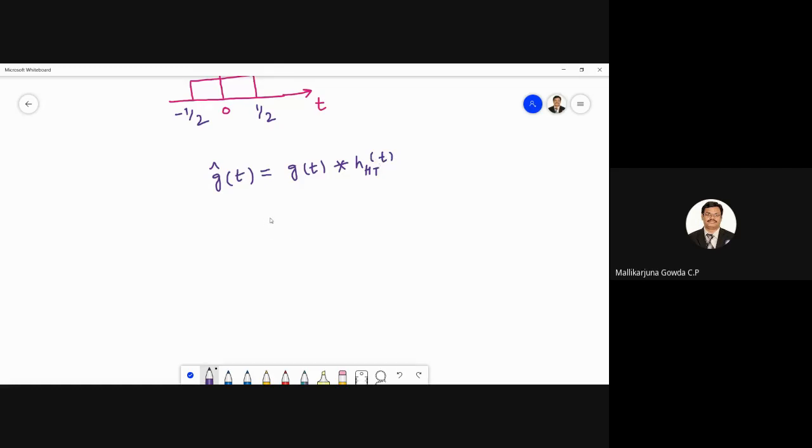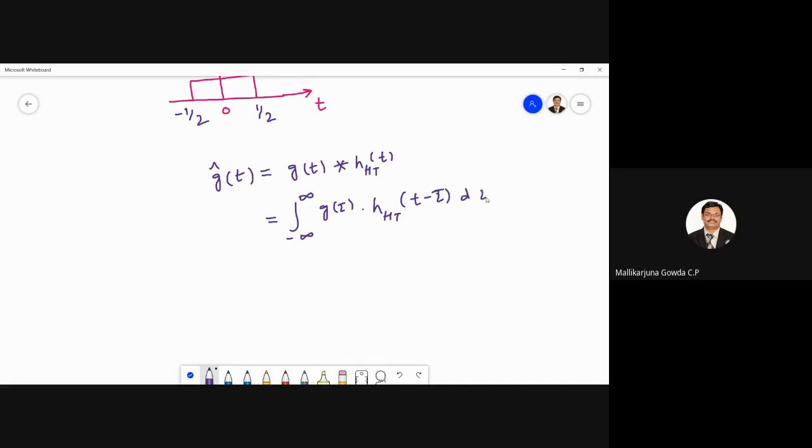Just now I said it can be expressed in terms of the convolution integral as: integral from minus infinity to infinity of g of tau into the time shifted version of the impulse response of the Hilbert transform, which is nothing but h of t minus tau, d tau.